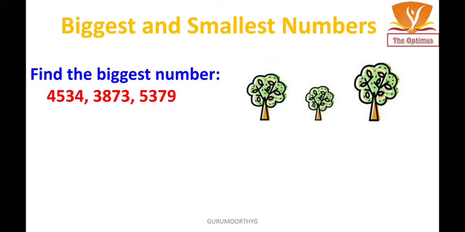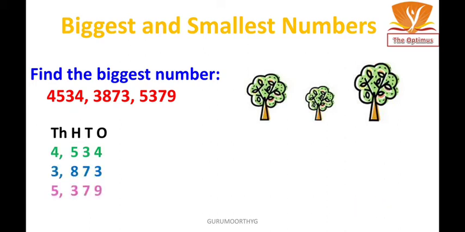First we compare these three numbers from left to right in the place value chart: thousands place, after that hundreds place, after that tens place, after that ones place. Here we first eliminate the smallest number. Among these three numbers, the thousands place values are: first number 4000, second number 3000, third number 5000. Here the middle number, 3000, is very small. So we eliminate the second number.